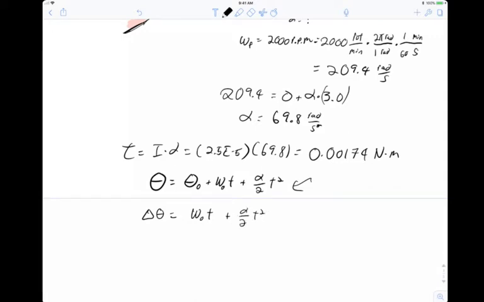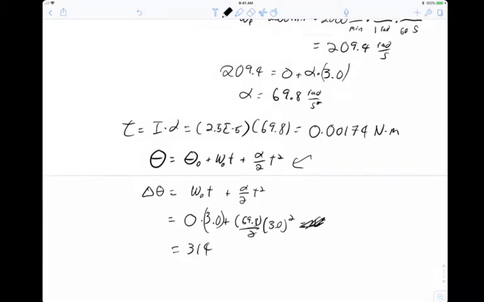The initial velocity is 0, and I want to know how it goes in 3 seconds. And then alpha is 69.8 over 2 times 3.0 all squared. 314 radians.